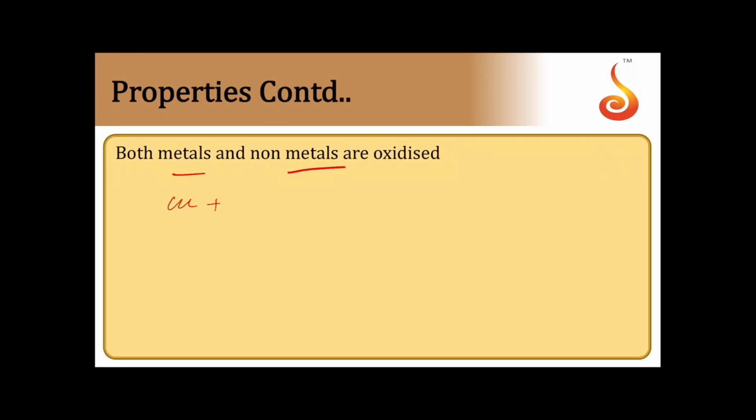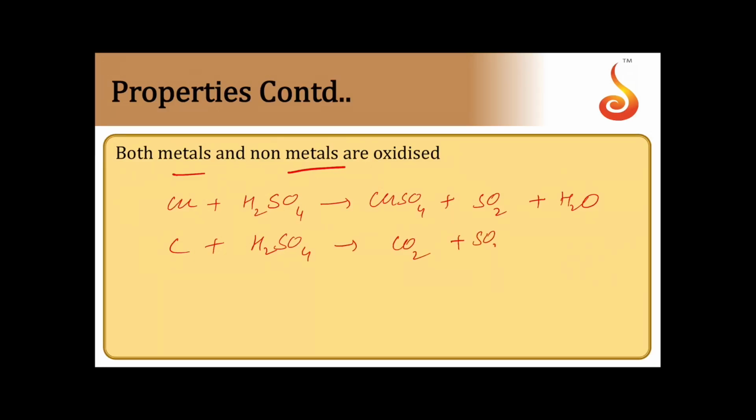Let us take copper plus sulfuric acid, giving rise to copper sulfate, sulfur dioxide plus water. If we take carbon, carbon also gets oxidized to carbon dioxide, and H2SO4 becomes sulfur dioxide plus water. So both metals as well as nonmetals can be oxidized by this.